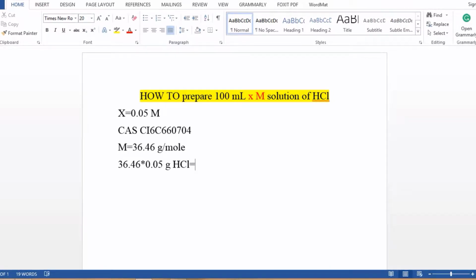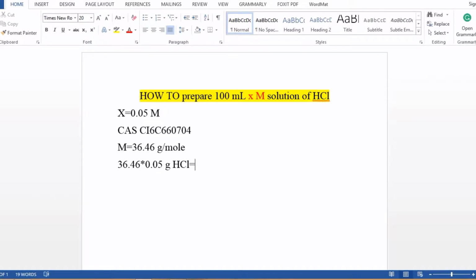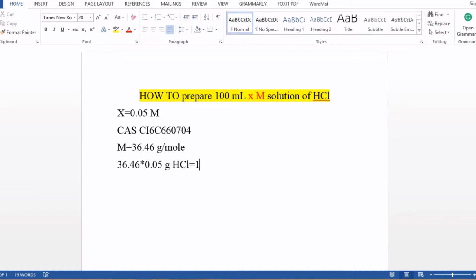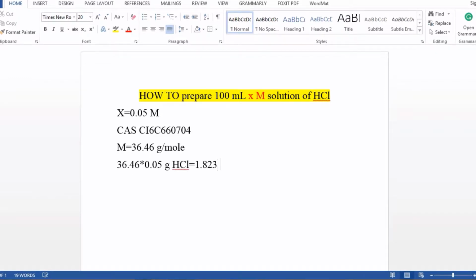So in doing this, let me calculate, 36.46 into 0.05 will give you 1.823 gram of HCl.